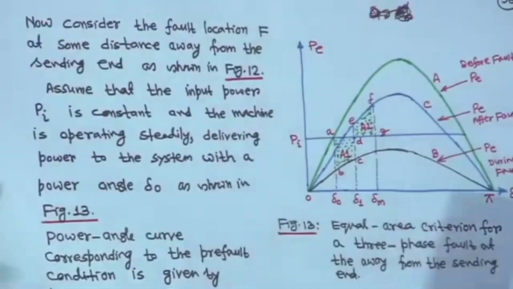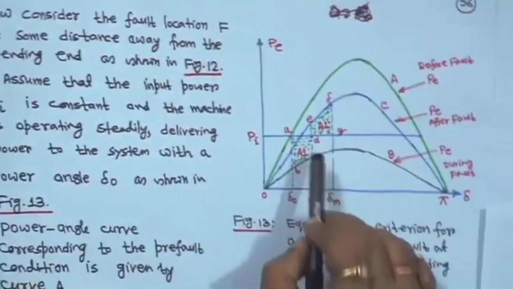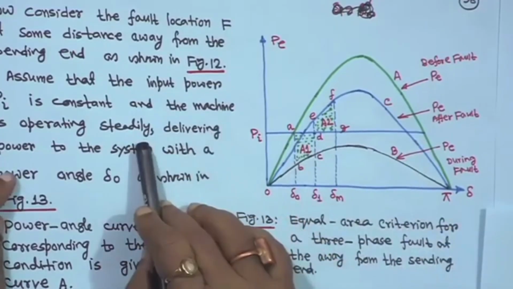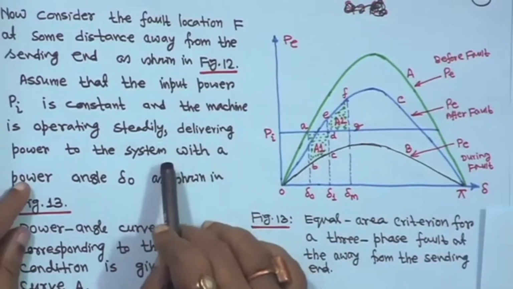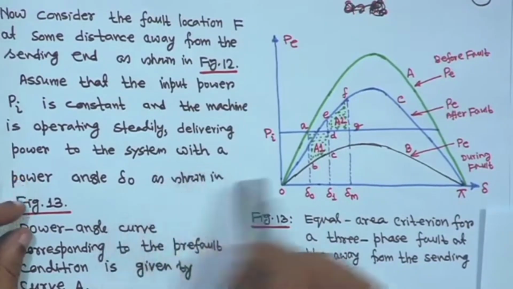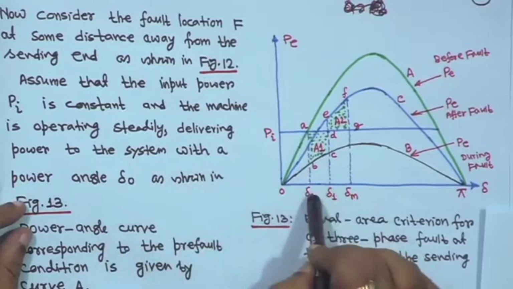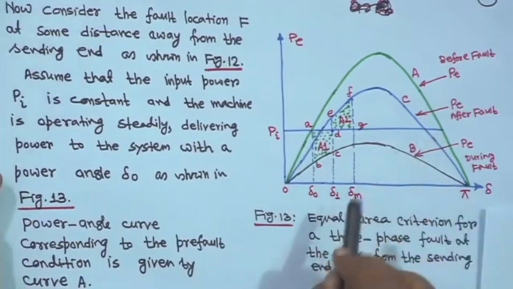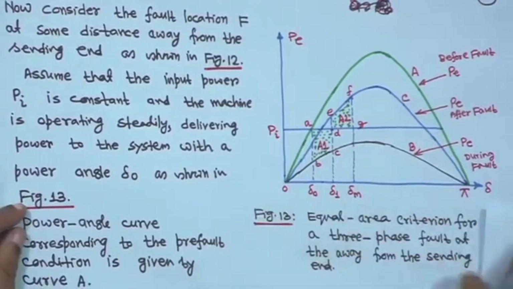Assume that the input power Pi, this horizontal line in the graph, is constant, and the machine was operating steadily and delivering power to the system with power angle delta 0. This is shown in figure 13.